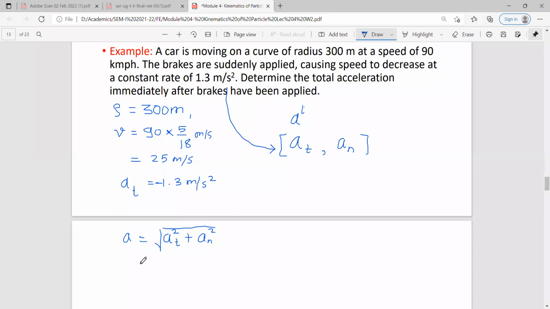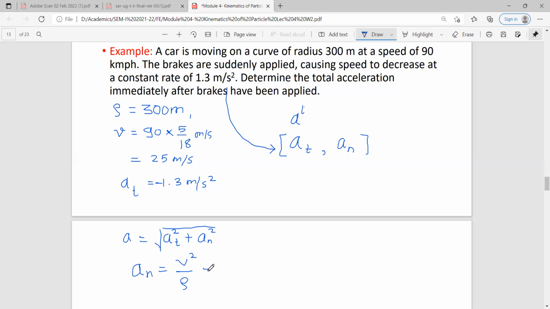So normal component of acceleration का formula is given as velocity का square upon radius of curvature, and we have both of these parameters, velocity भी है, radius of curvature भी है यहाँ पे.